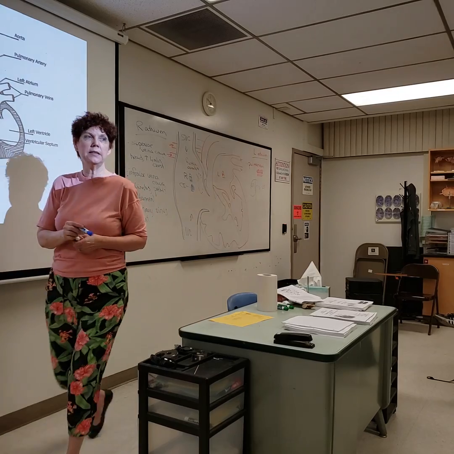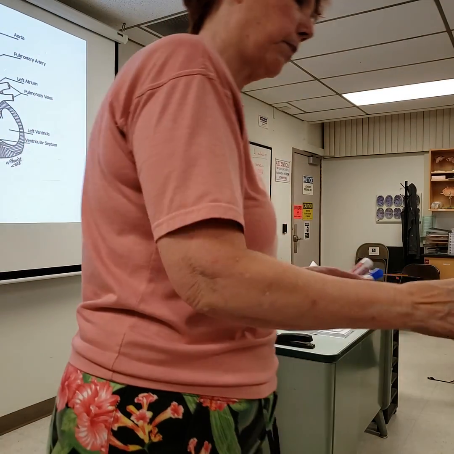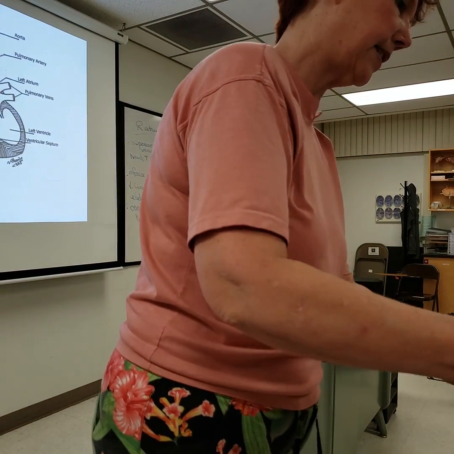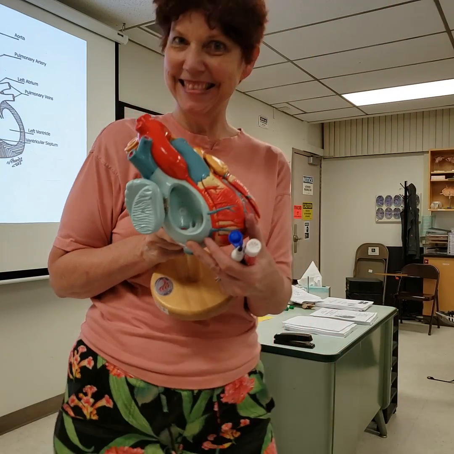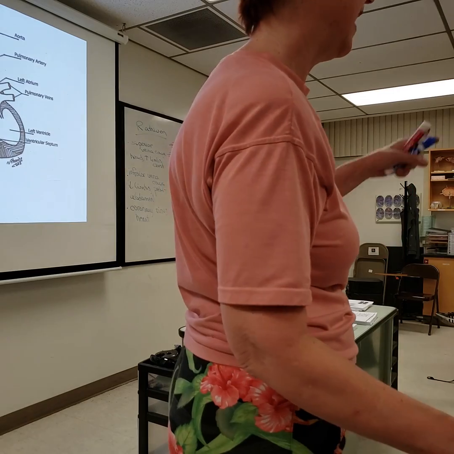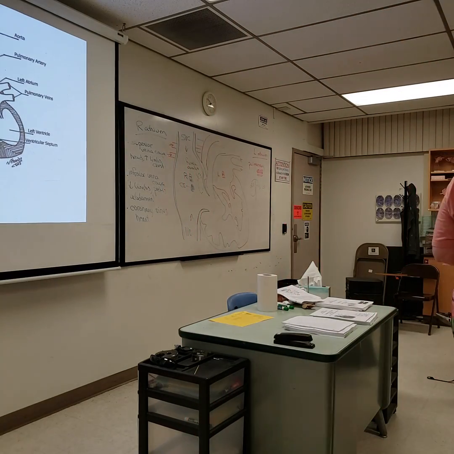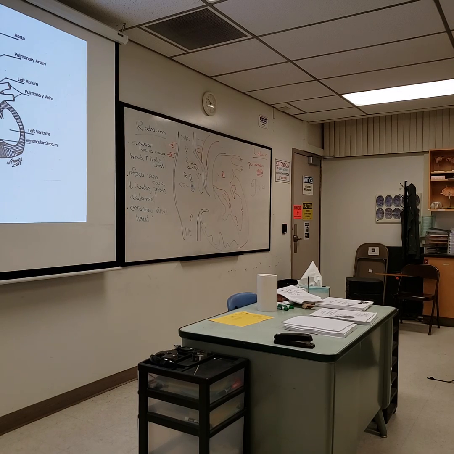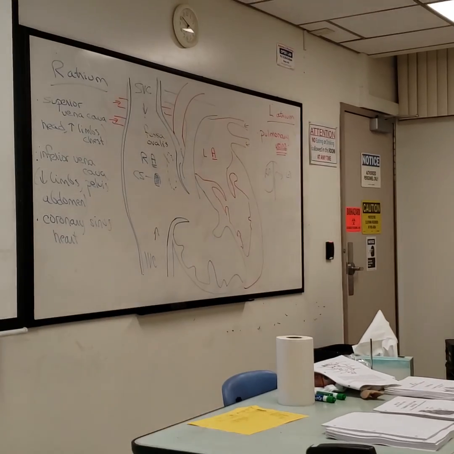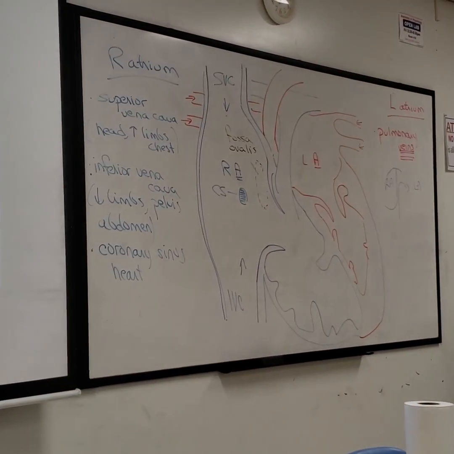So on your models, in this one, the fossa ovalis is this white structure here called number 55. That's the fossa ovalis. And then the larger ones, these almost have too much material on them. It's number 81.